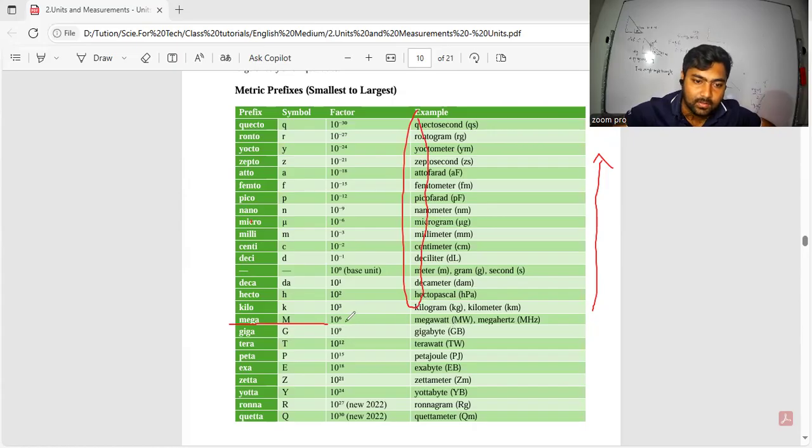Then the prefixes which are equal to 10 to the power 6 or greater than 10 to the power 6 have to be written with capital letters. Understood? Simple.